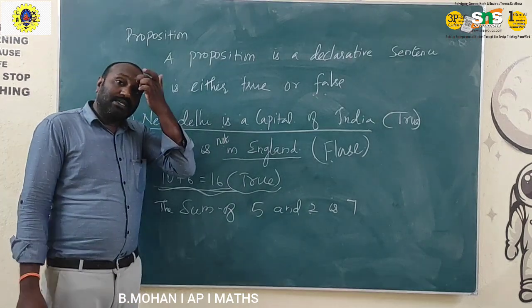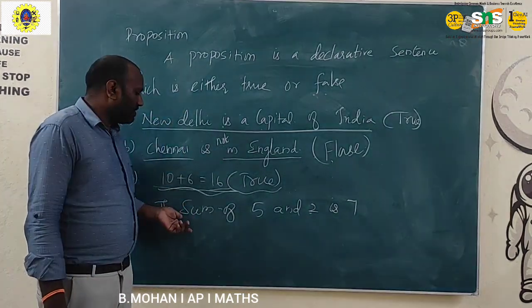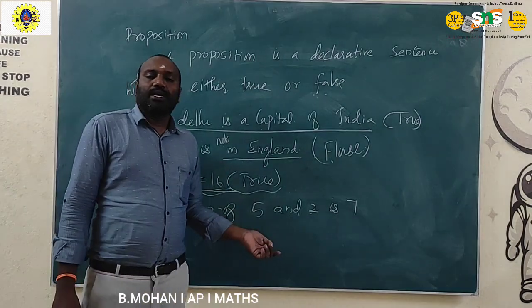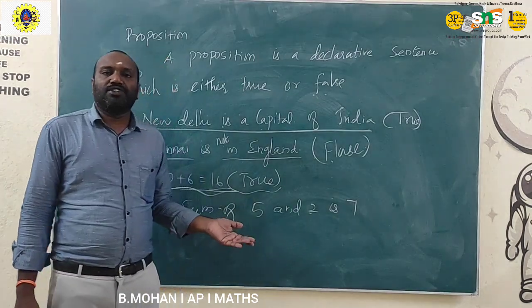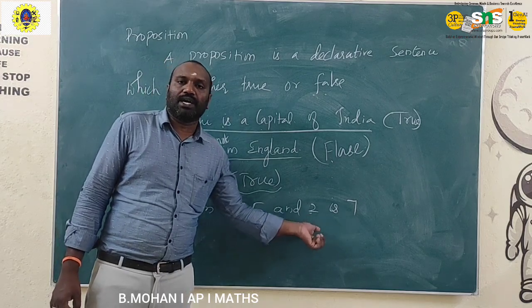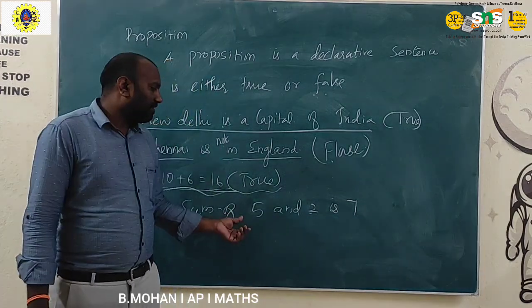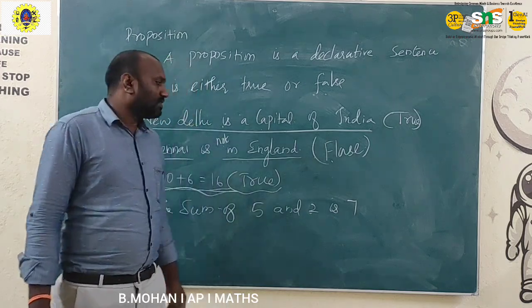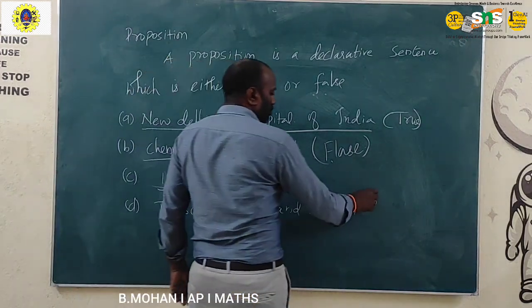Is this statement true or false? The sum of 5 and 2 is 7. Is it possible? Yes, it is possible, because 5 plus 2 is 7. So this statement is true.